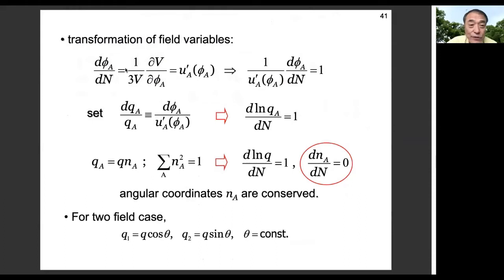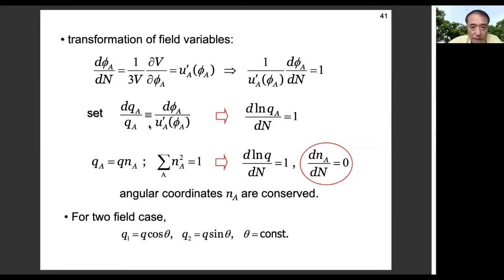If you choose this example, then as a function of N, you can easily solve each of the scalar field models. If you multiply both sides by dN, you immediately get N as the integral of d phi over u prime.